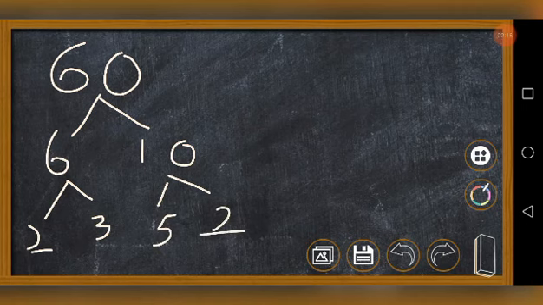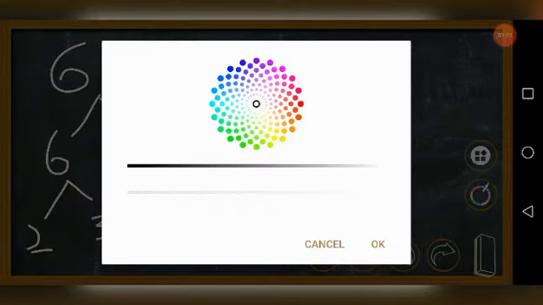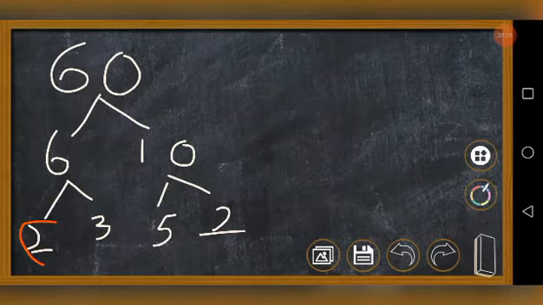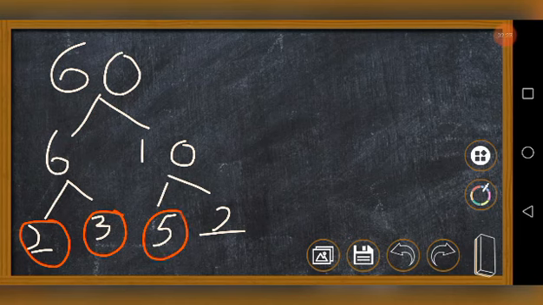So here 2, 3, 5 and 2 are the prime factors of 60.